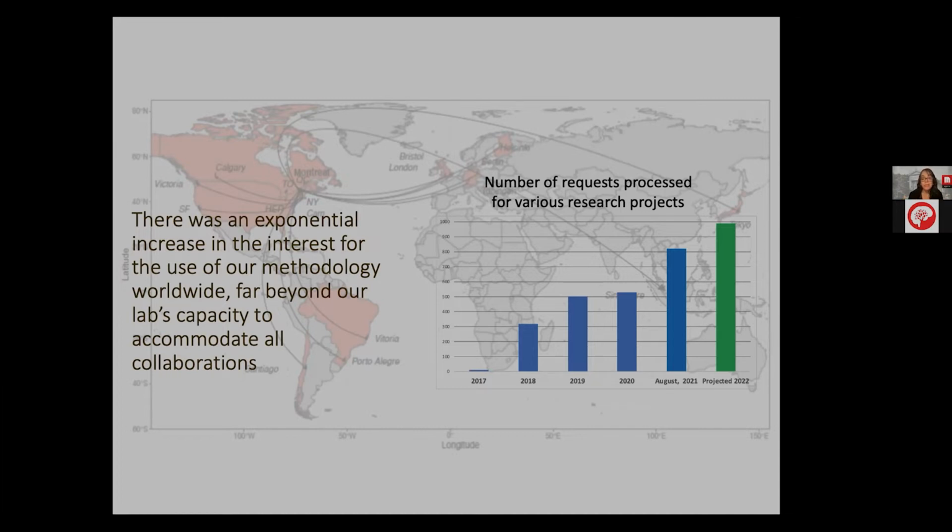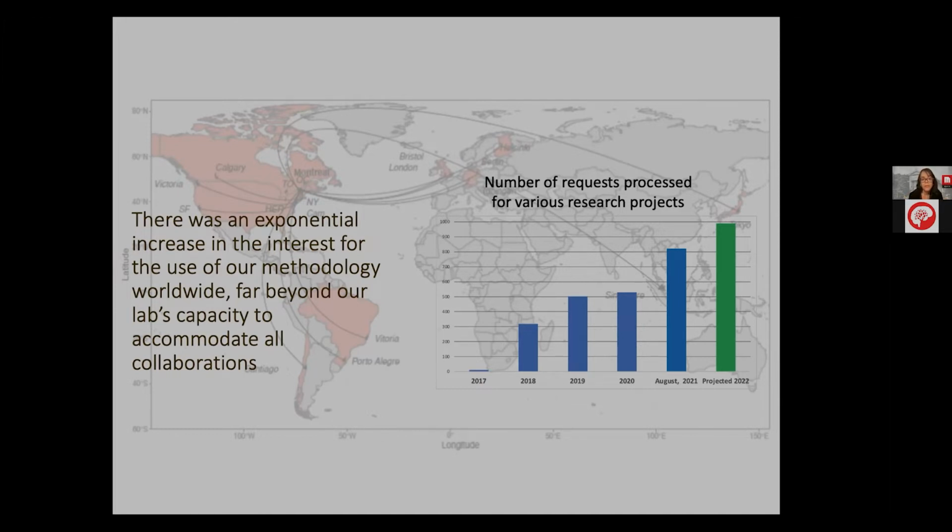And this strongly supports the notion that this is an idea that can be applicable to different fields and be helpful to different needs in research. And so it helped us see that there was a niche for a need that needed to be attended.